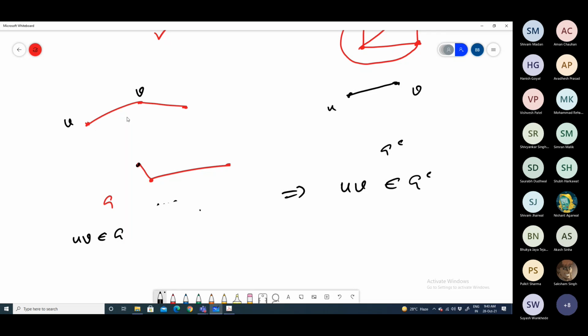Now, since G is disconnected, we have another connected component other than this, and say we choose one vertex W from here.